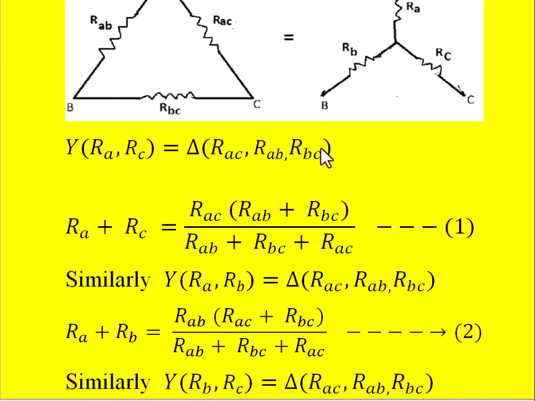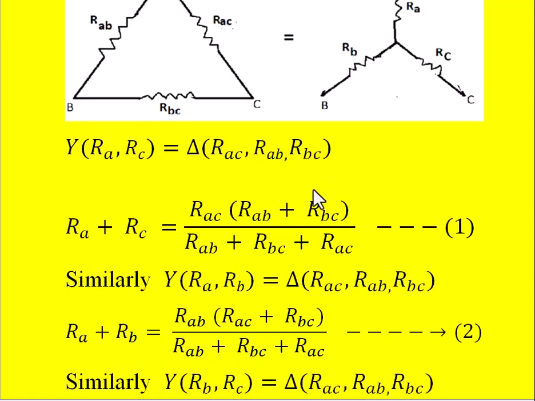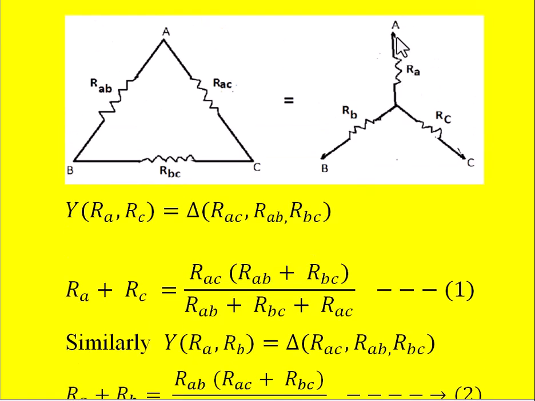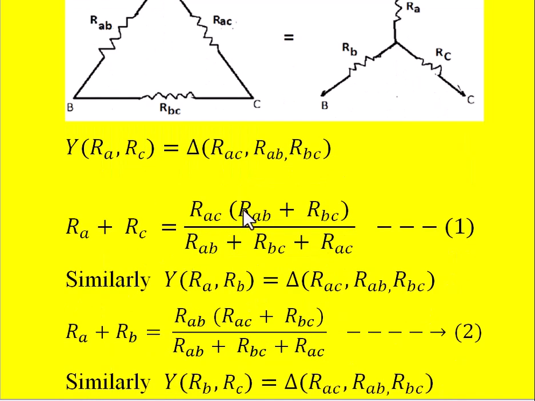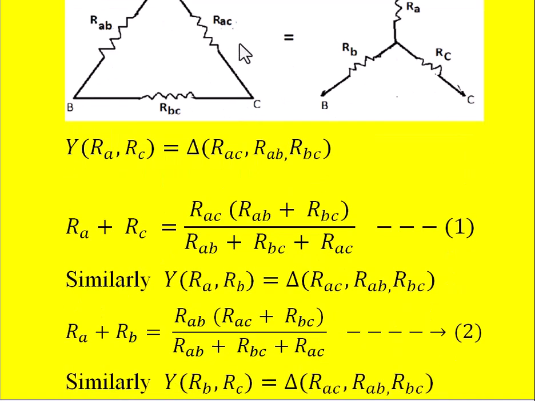In a similar way, the equivalent resistance of star with respect to terminals A and B can be written in terms of the known delta values. So between A and B in the star connected system, the equivalent resistance is RA plus RB. Write it here. Similarly, in the delta connected system between A and B terminals, RAB is in parallel with RAC plus RBC, as RAC and RBC are connected in series.